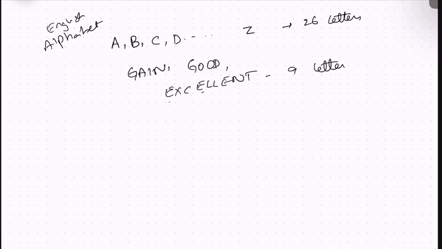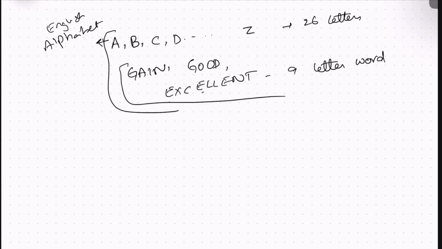Why I'm giving this example is that I will shortly tell you its importance. Similarly, you can write even bigger words. Using 26 letters you can produce hundreds of words.